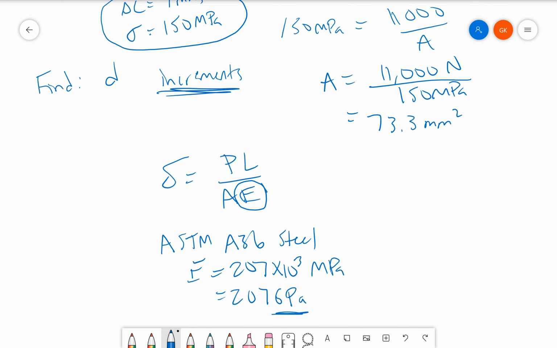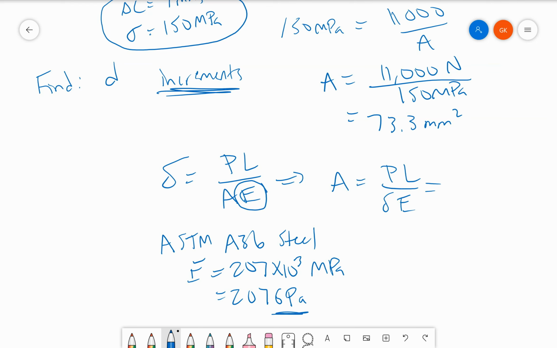Okay, with that, let's keep on plugging everything else in. First off, we need to solve for area. So I do that, and I'm left with PL over delta E. I'm going to use that same helpful trick that 1 megapascal is equal to 1 Newton per millimeter squared to skip a lot of the conversions I would normally need. All I'm going to do is convert my kilonewtons to newtons.